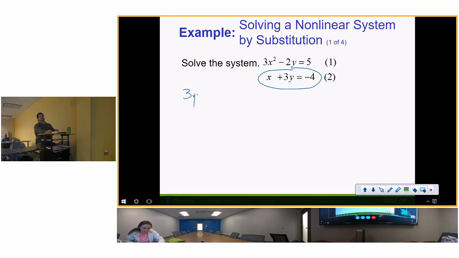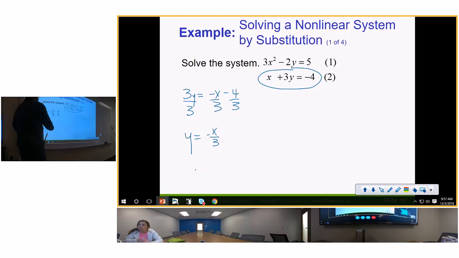3y is equal to -x minus 4. Divide by 3, divide by 3, divide by 3. Y is equal to -x over 3, or -1/3 x, minus 4/3.